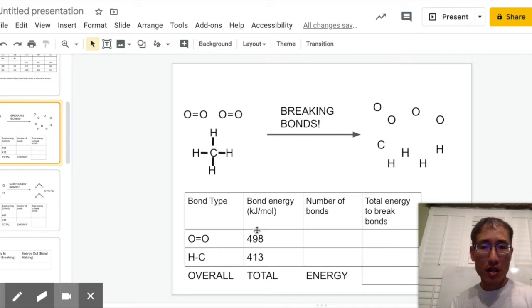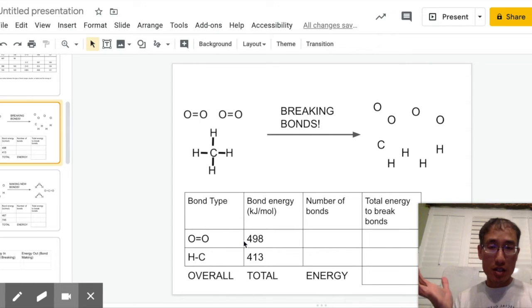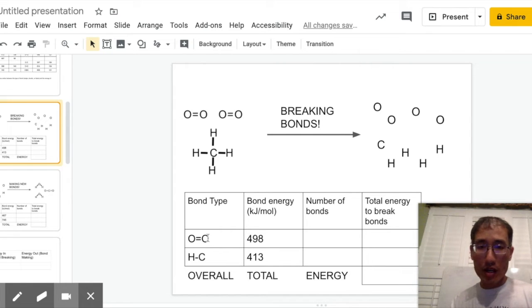This is the bond energy for oxygen in kilojoules per mole, which is just a lot of it. Just think of the mole as we have a lot of bonds. Okay, so we've got a bunch of bonds, and if we're going to break oxygen, it's 498.